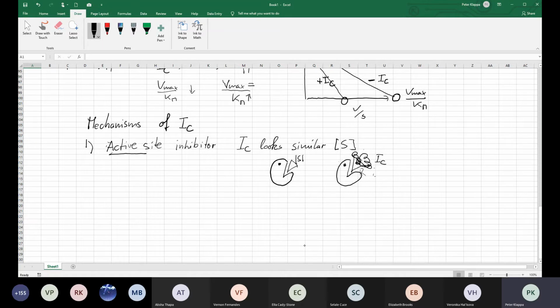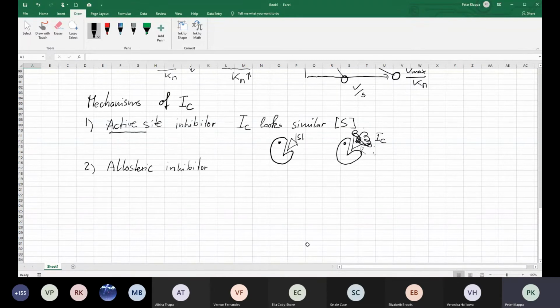The second one is called an allosteric inhibitor. And that is also a mechanism by which a competitive inhibitor works.